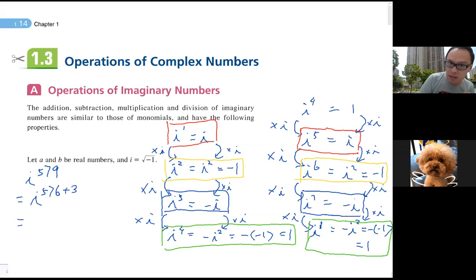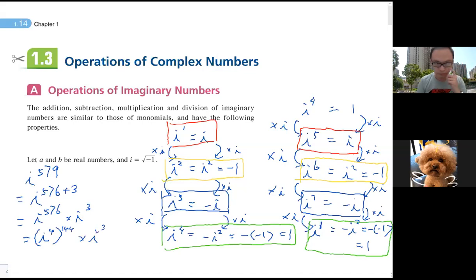576 is a multiple of 4, 即係4嘅倍數啊。Okay, but we can split this to be like this: i to the power 576 times i cubed, according to the laws of indexes. And then 576 can be written as 4 times 144, and then times i to the power 3.